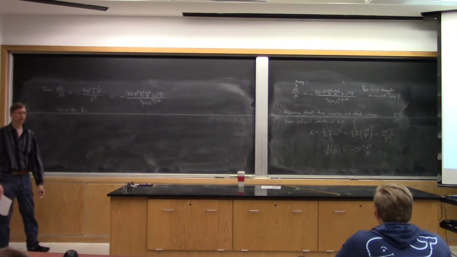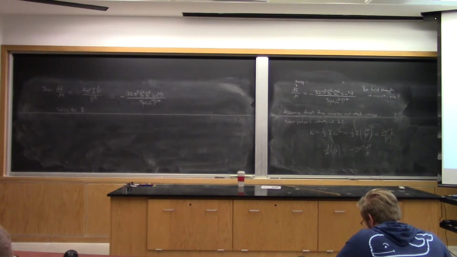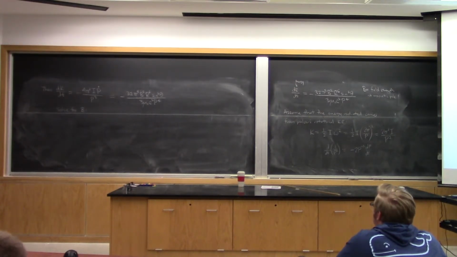We can use that to solve for what magnetic field strength is necessary to account for the observed rate of spin down, in other words.